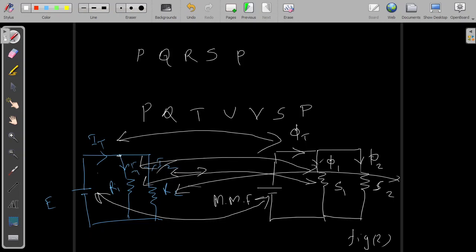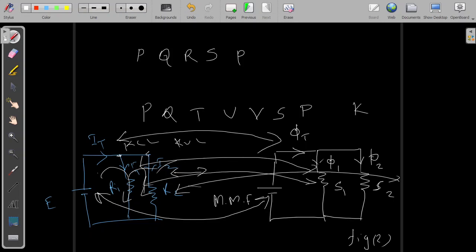You will identify the nodes and apply KCL here, and also apply KVL by identifying the two loops, right?